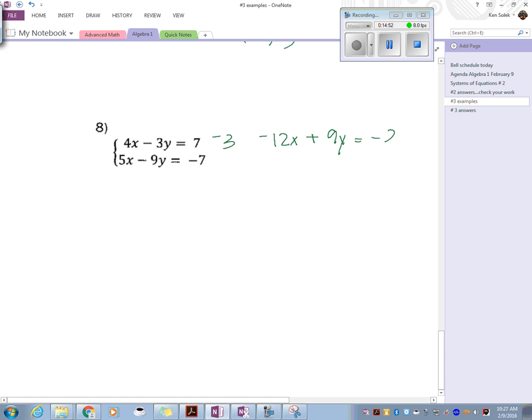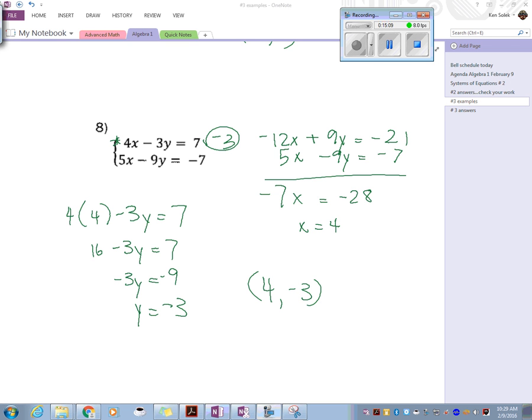What I did was I multiplied this first equation times negative 3. Now I'm going to add the second equation to that. So again, the solution to that one turns out to be 4, -3.